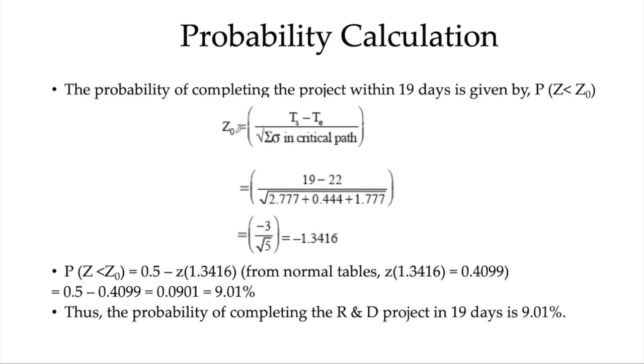So we can find out a Z0, and the formula is TS minus TE. TS is the time which is given here, and TE is the estimated time. In this case 22 is the time which we estimated by the CPM technique using the mean time, and 19 is the time given here, and then the sigma in the critical path.